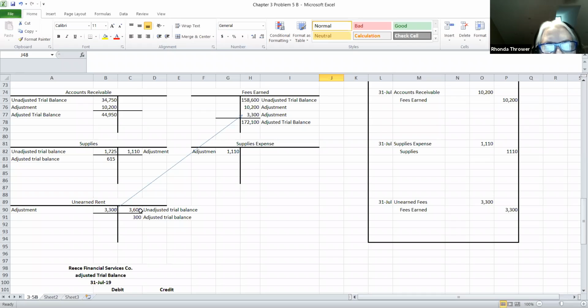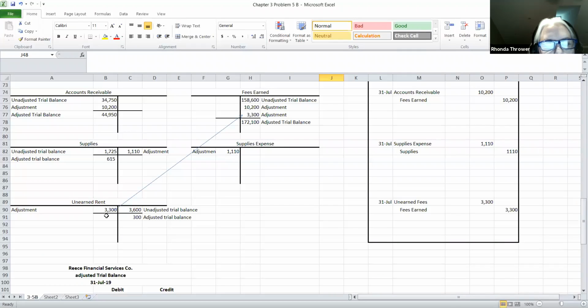It originally had $3,600 in there. The difference between these two is $3,300. We debit unearned rent because it is a liability account and it's being reduced. Remember, with deferrals, one account's got to go down. And if it's deferred revenue, it will always be our unearned rent that is decreasing.